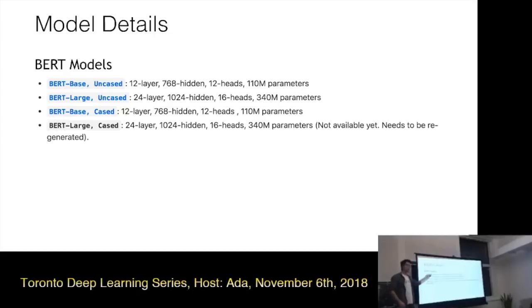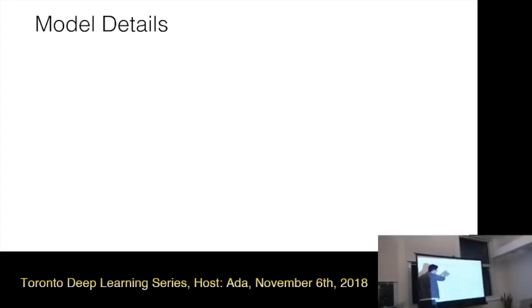Well, BERT base has roughly the same amount of parameters as the leading model up to that point, OpenAI GPT, and they first created BERT base in order to compare apples to apples. And then they created a large model because it was fun, right? It's a huge model. And you imagine here that the layers represent the number of transformer blocks, right? So this is 1 layer, 2 layer, 3 layer, 4 layer.